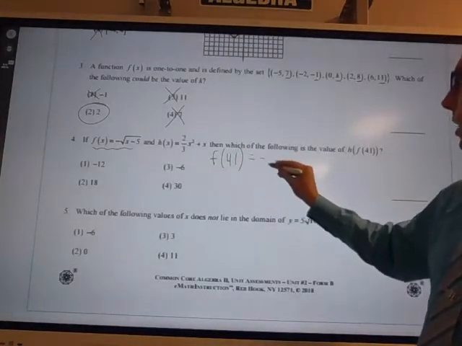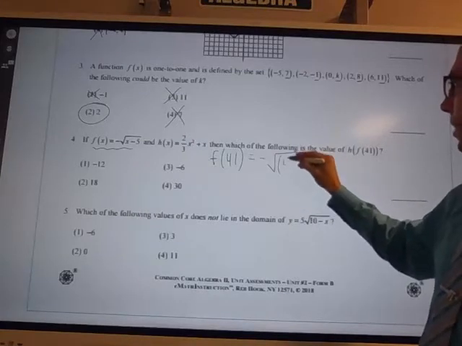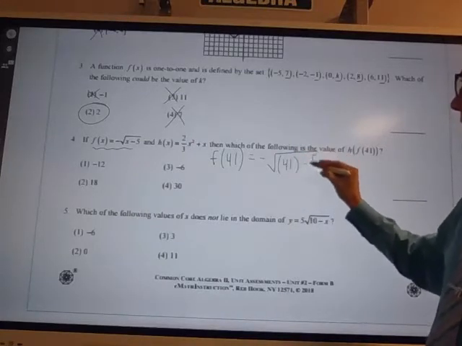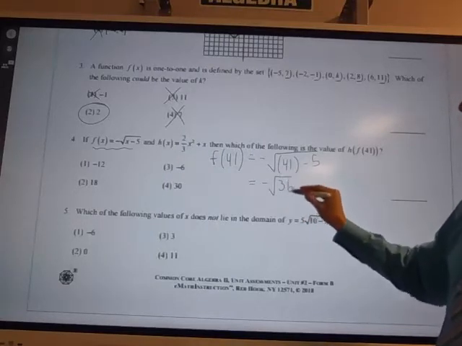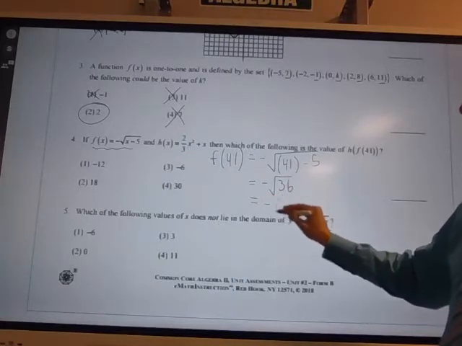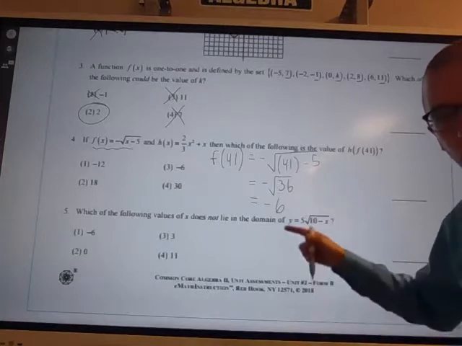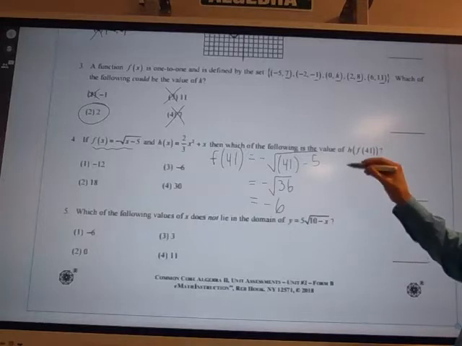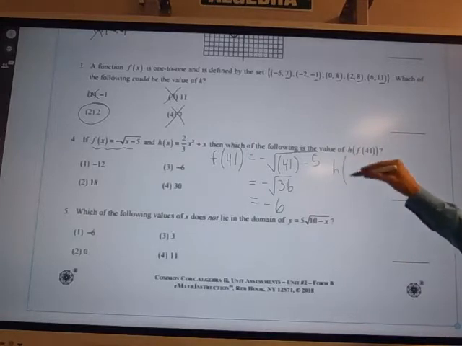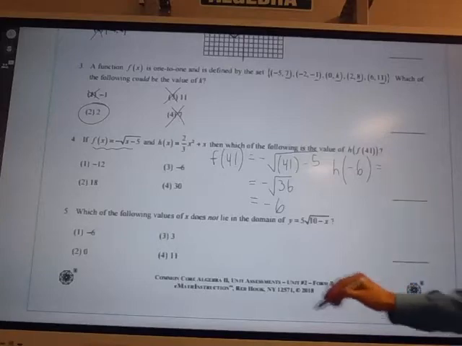So f of 41 equals the negative square root of 41 minus 5, which is the negative square root of 36, which equals -6. So that is my first output, which now becomes my second input into my h of x function. So I evaluate now h of -6.